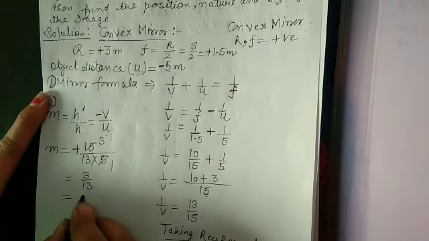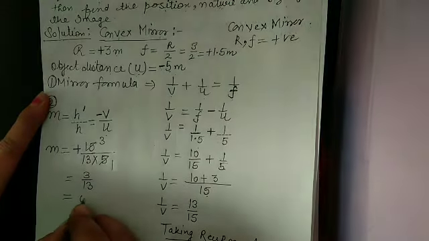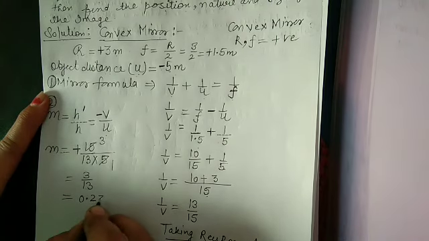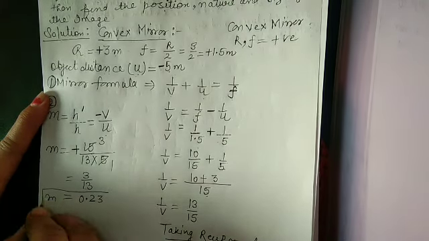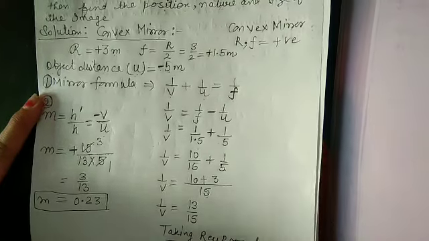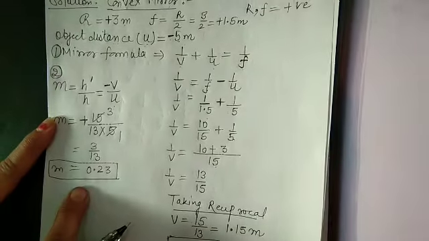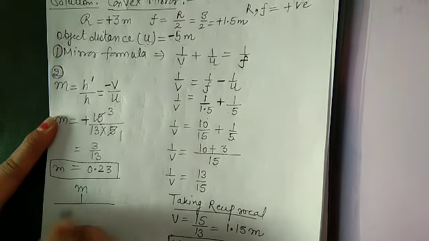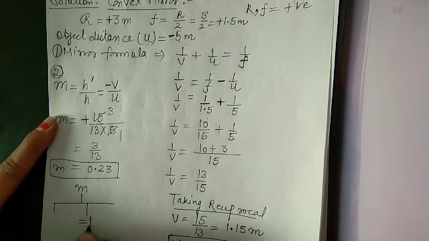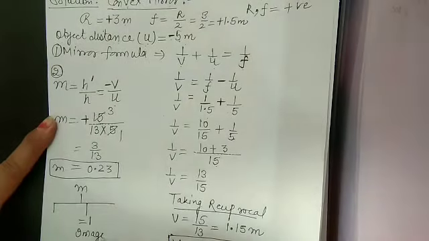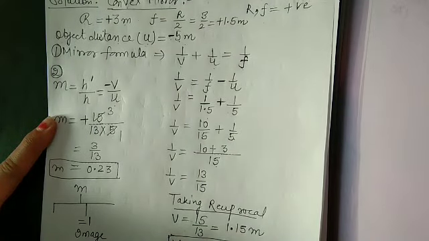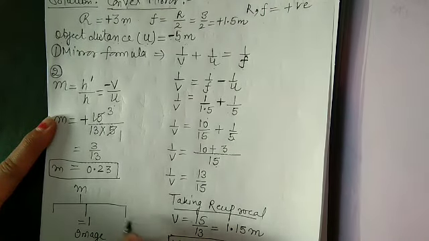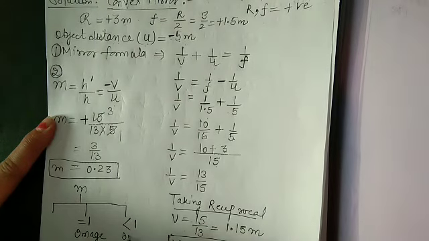Dividing 3 by 13, you will get the result. 13 twos are 26, 13 threes are 39. So magnification is 0.23. What information do you get from this answer? If magnification is equal to 1, then image height is equal to object height. If magnification is less than 1, then image is smaller than object.